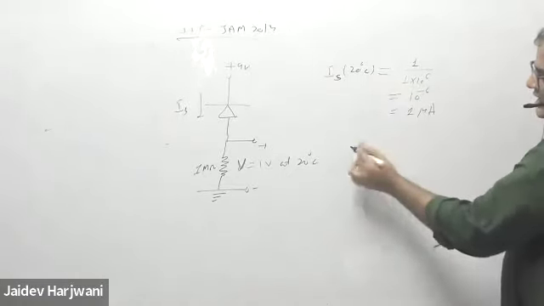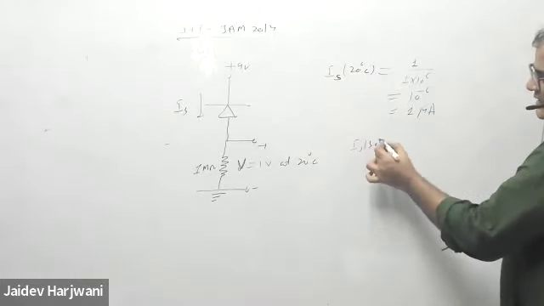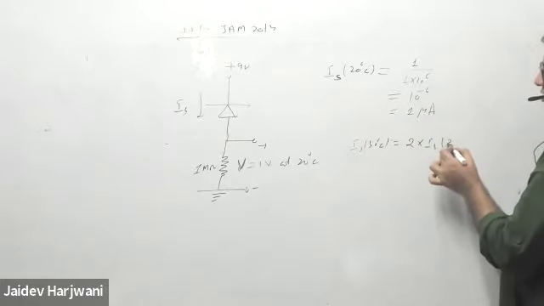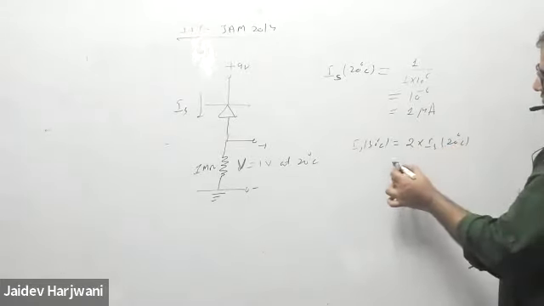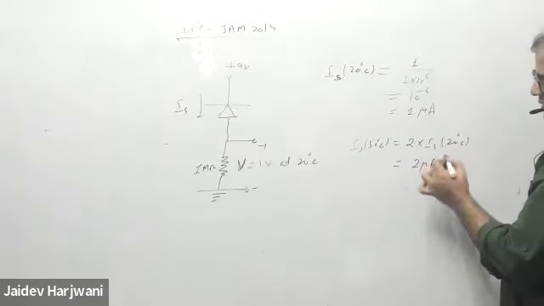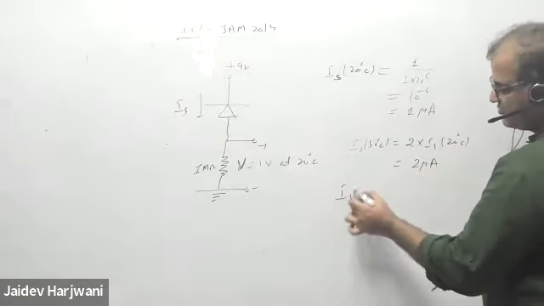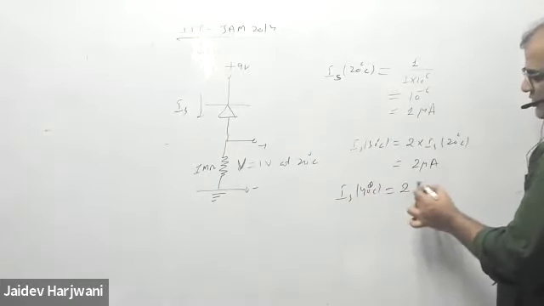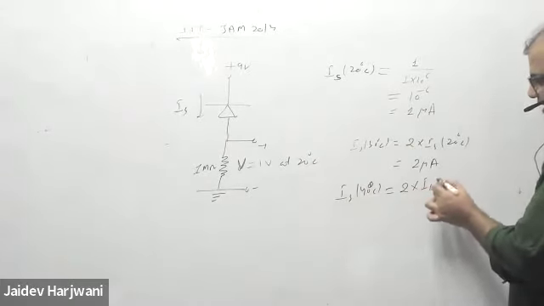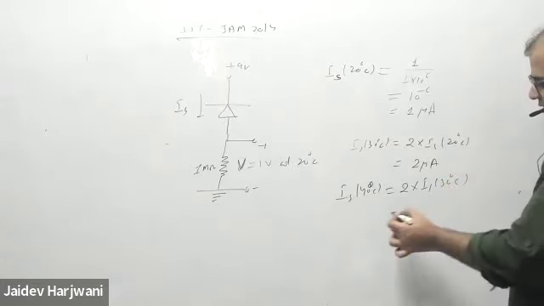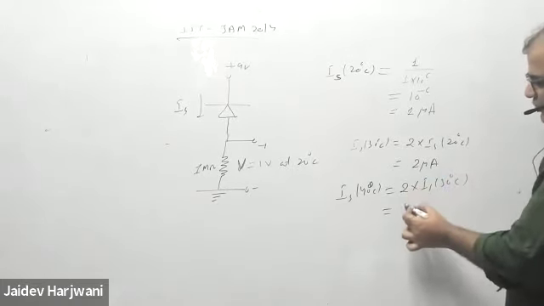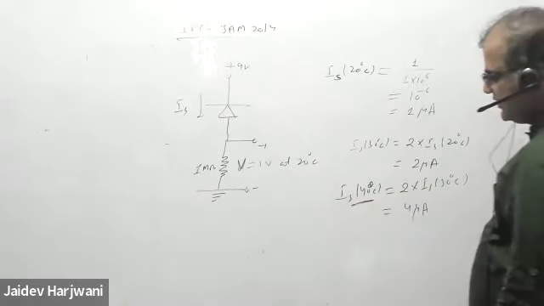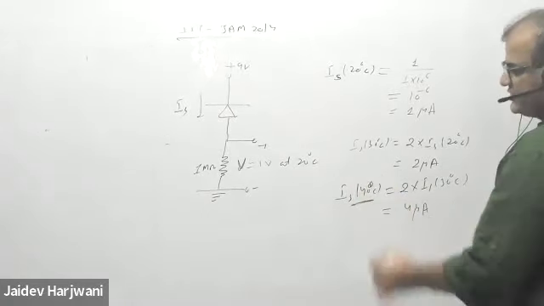So if I want to find IS at 30 degrees centigrade, my current will become 2 times IS at 20 degrees centigrade, which is 2 microampere. Similarly, if I want IS at 40 degrees centigrade, it will be twice IS at 30 degrees centigrade. So this now becomes 2 times 2, 4 microampere.